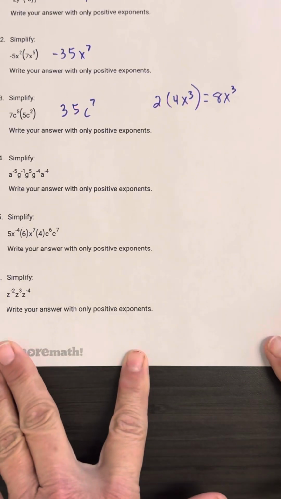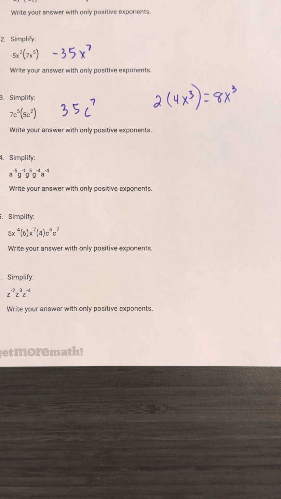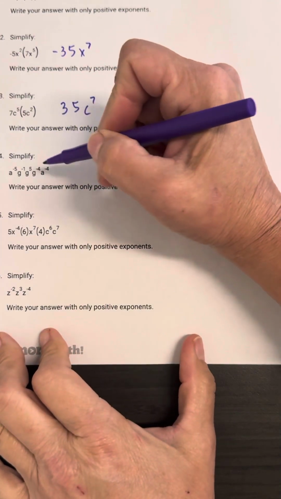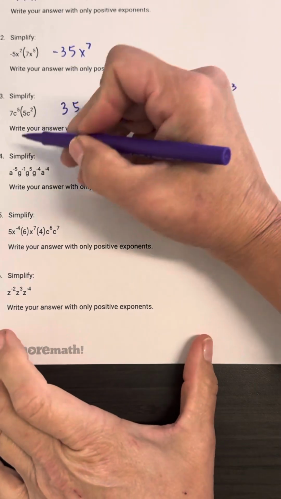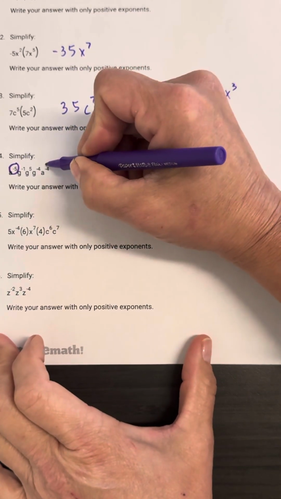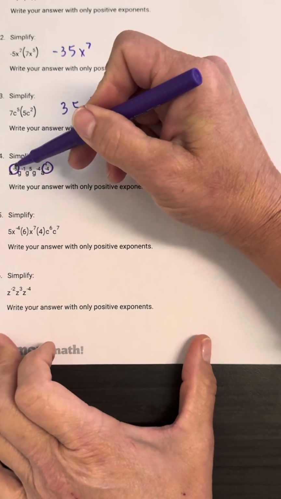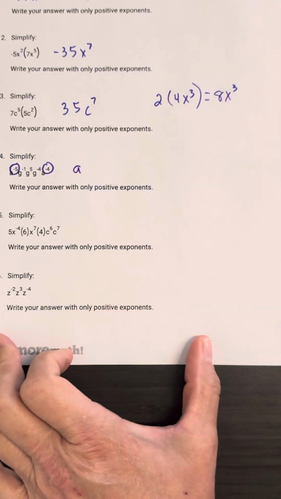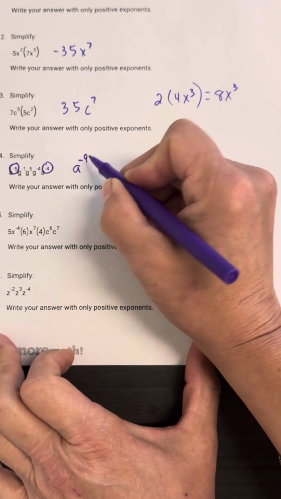Okay, number 4. One thing that might help you is when you write these down, group them. So write the A's together, then write the G's together. We're going to add, because when you multiply, you add the exponents of like variables. So -5 and -4 give you A to the what? -9.